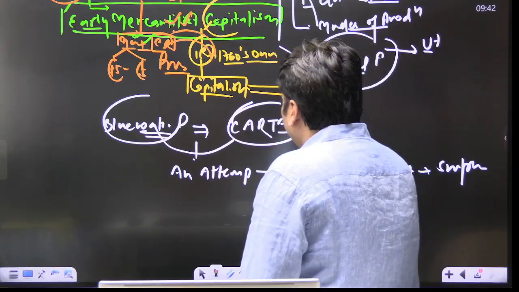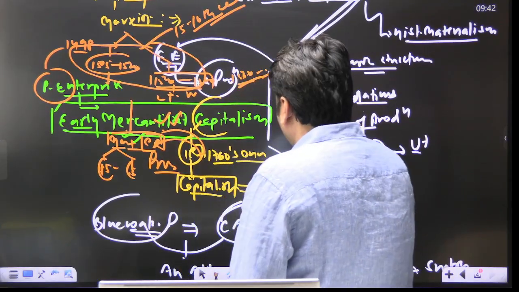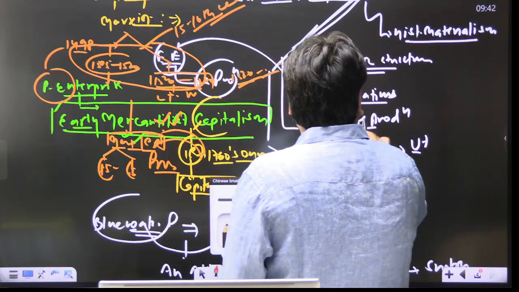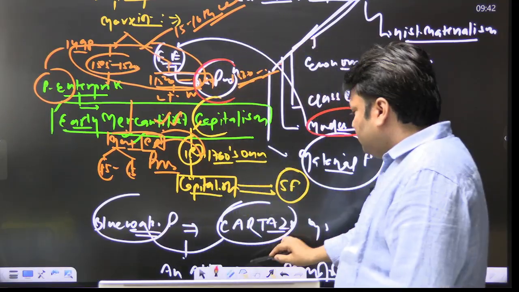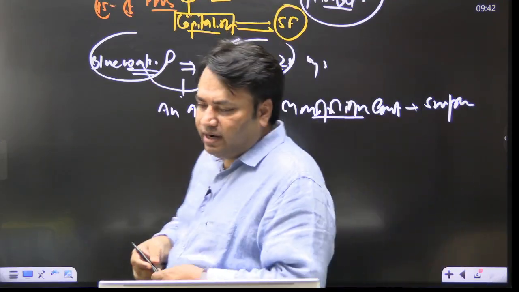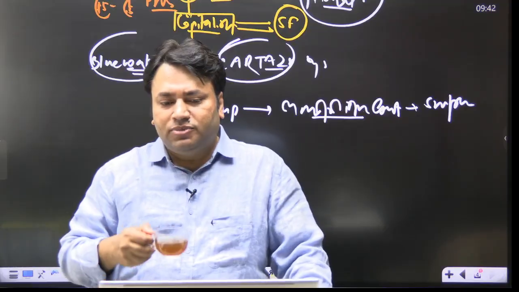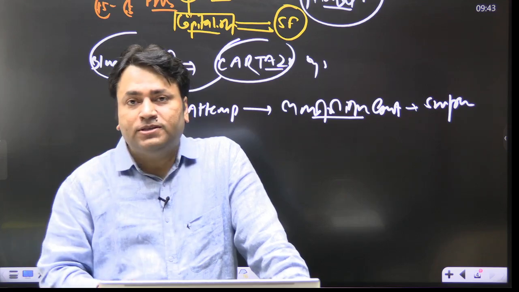I have already told you that the Marxist historians will focus on this particular area, the mode of production, or who is controlling the surplus. So the Marxist historians will say that the Cartas system was an attempt to establish control over the surplus production.